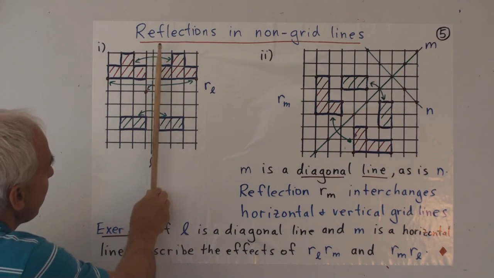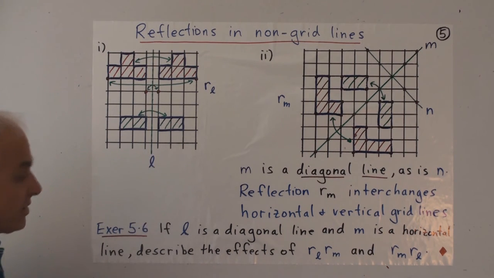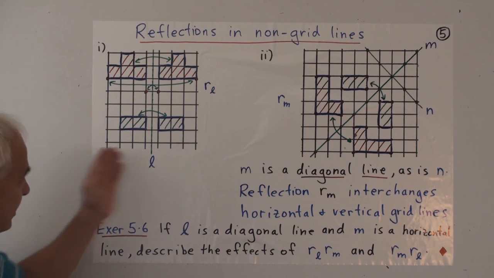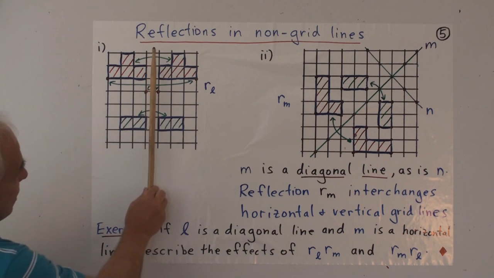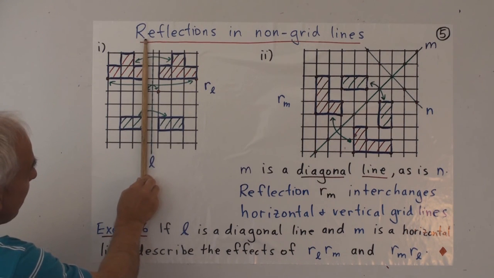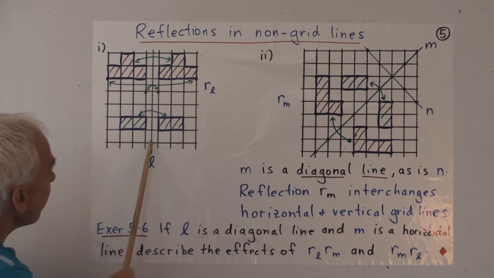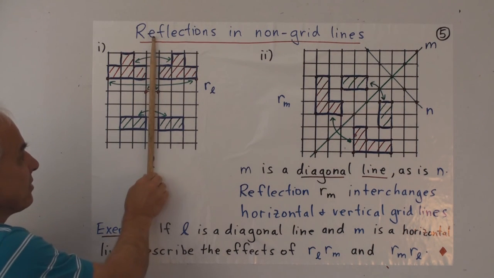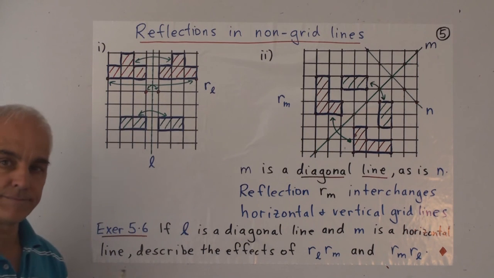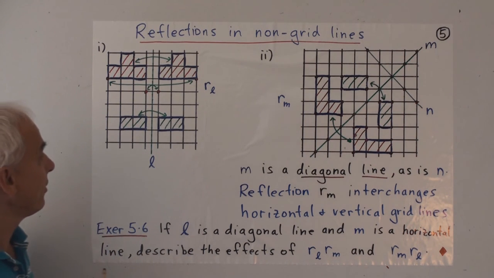One is an example like this, where the line L is definitely not one of the standard grid lines. It's actually sort of halfway between this grid line and this grid line. Okay, we still draw a line halfway between them and ask, does it make sense to reflect in that line? Well, actually it does.